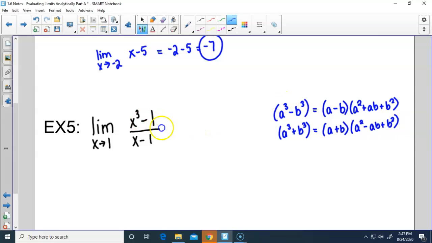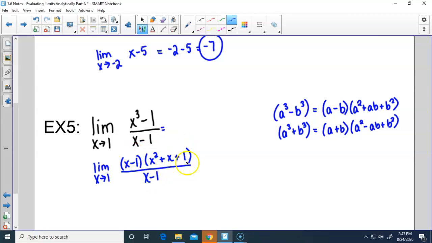In this case, don't forget our limit notation, our a is x and our b is 1. So we would have x minus 1 times x squared plus 1 times x, so just an x there, plus 1 squared, which is just going to be 1. And then of course this is over x minus 1.